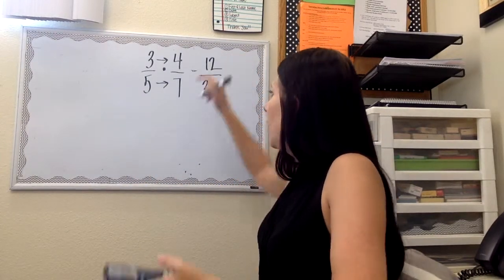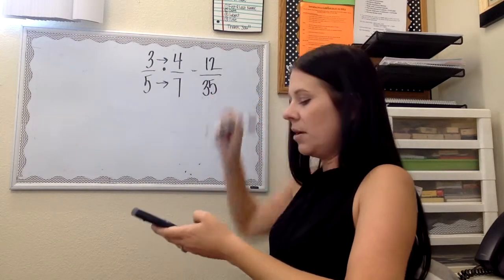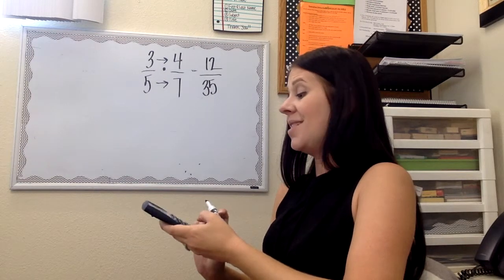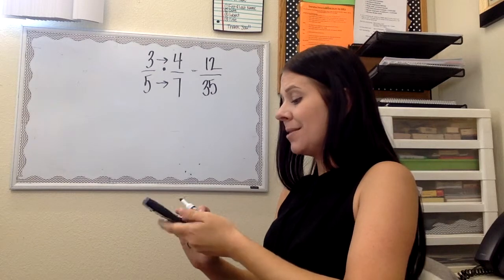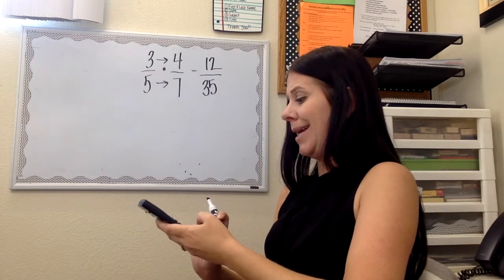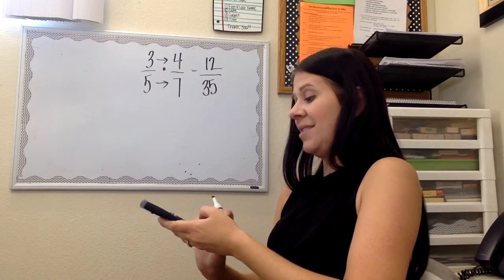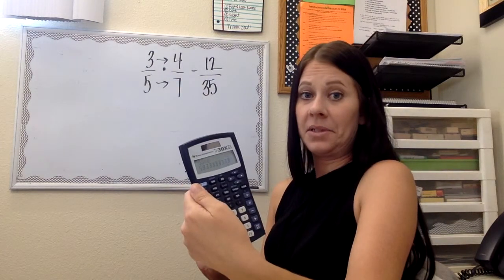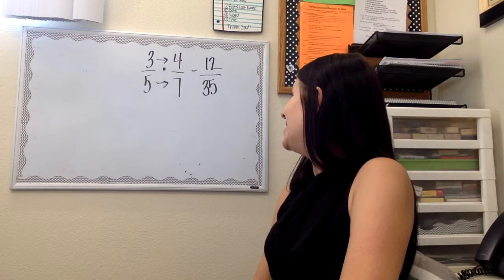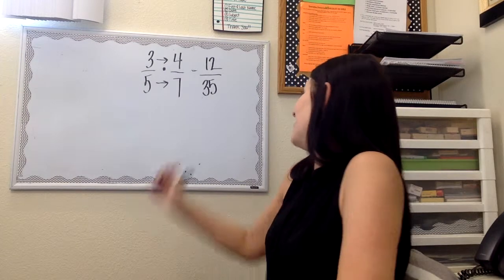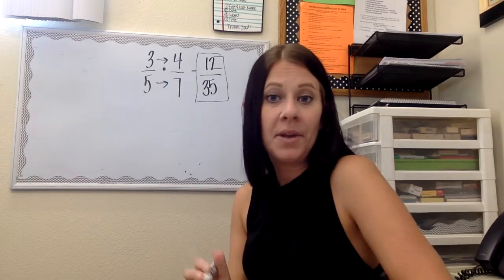So, 2 goes into 12. 2 does not go into 35. 3 goes into 12. 3 does not go into 35. 4 goes into 12. 4 does not go into 35. 6 goes into 12. 6 does not go into 35. 7, 8, 9, 10, 11, 12. That's it. This is done. I know it seems like they're really big numbers, but that's it. That's all we can go.